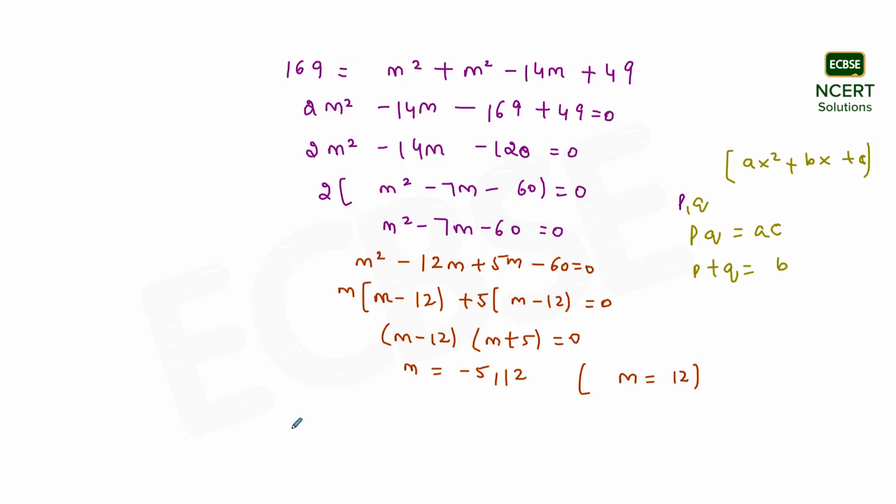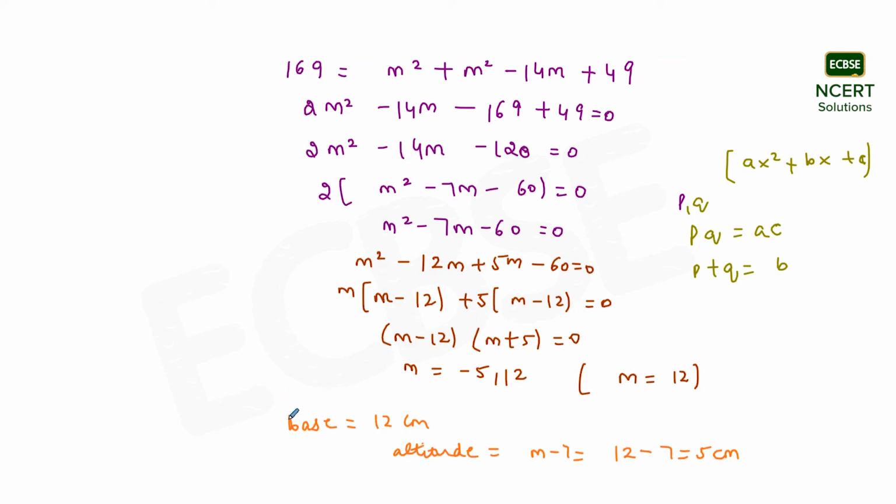So we can say the base is equal to 12 centimeter, and then the altitude, which is equal to m minus 7, or I can write it as 12 minus 7, which comes out to be equal to 5 centimeter.